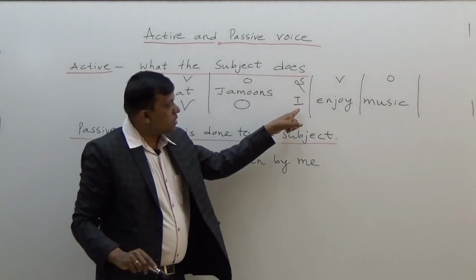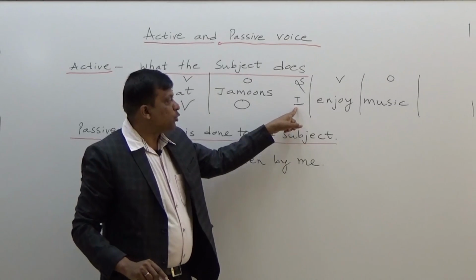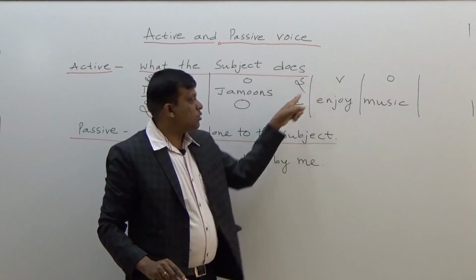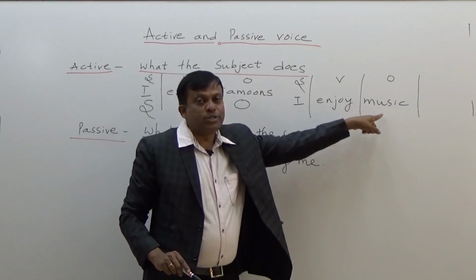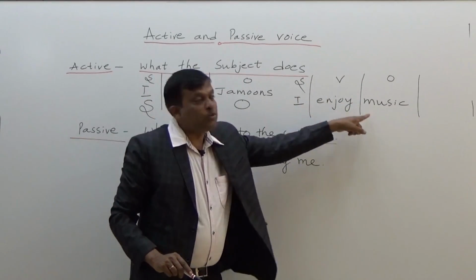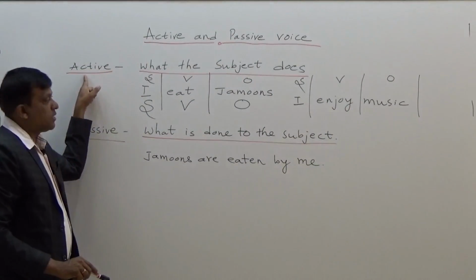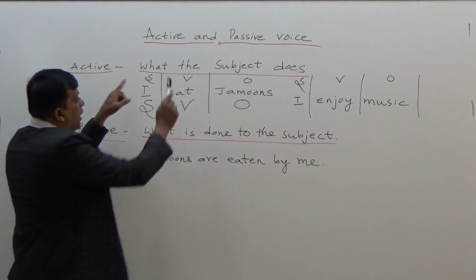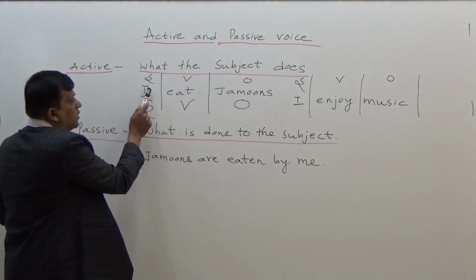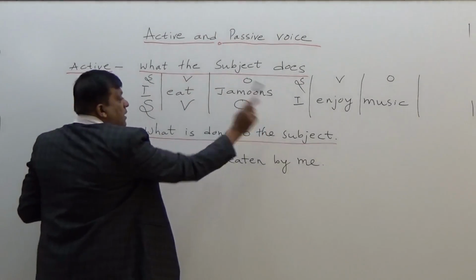In this sentence also, we come to know what the subject does. So what I do here, I enjoy music. So I enjoy music is nothing but active voice. I eat jamuns is nothing but active voice. Why do we call them active voice? Because the action is done by the subject.